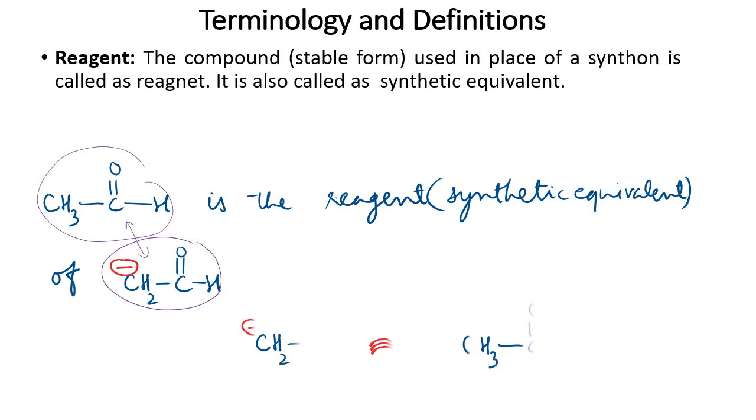So what we do is we write the synthon, and we write its stable form by showing the equivalence symbol.